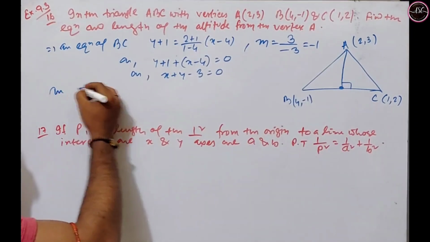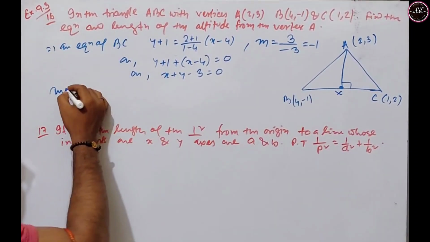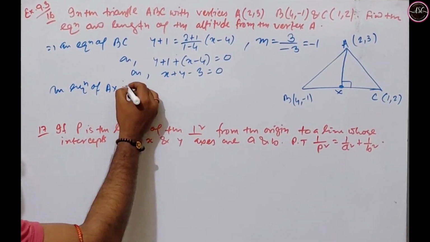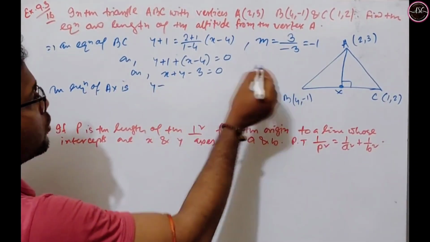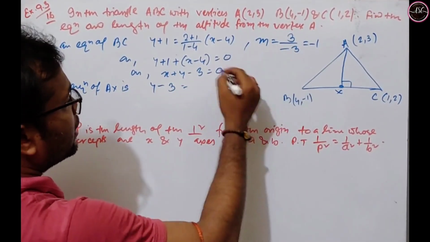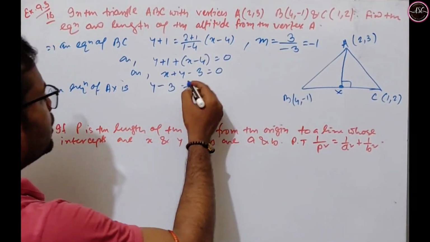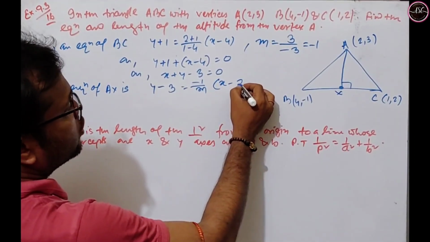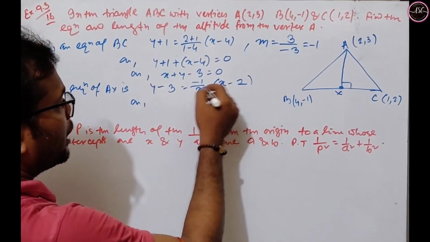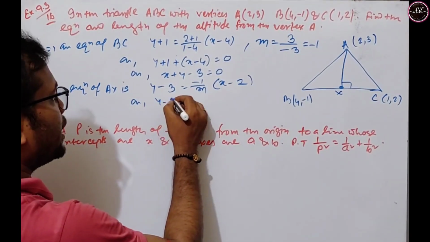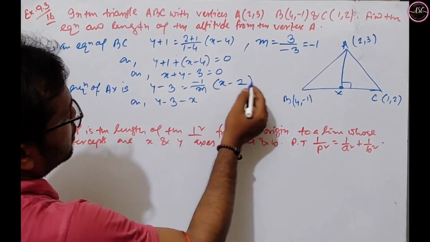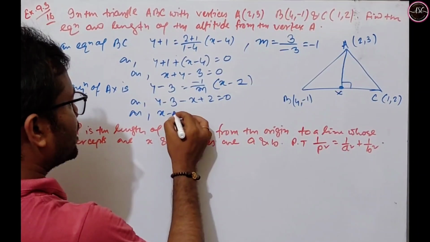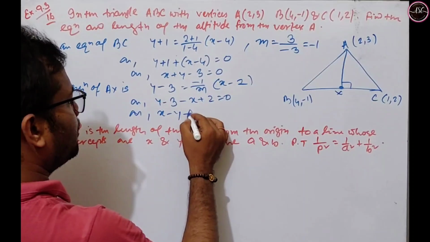So let this point be X. And the equation of AX is y minus y1, which is 3, and here the slope is minus 1 by m, into (x minus 2). With m equal to minus 1, this will be plus 1, so y minus 3 minus x plus 2 equals 0, or x minus y plus 1 equals 0.